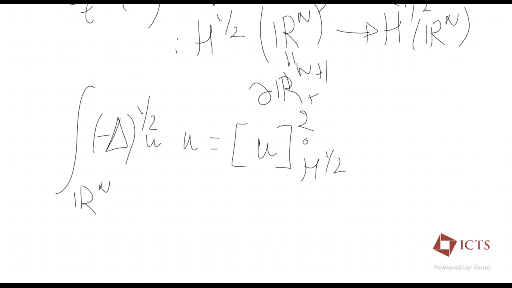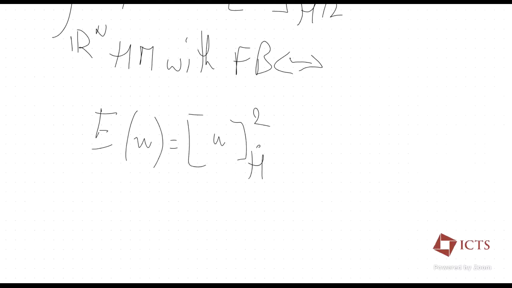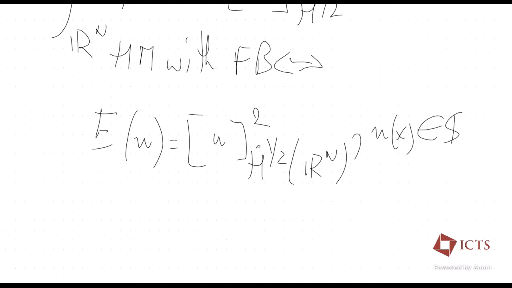Actually, what I showed is that harmonic maps with free boundary appear as harmonic extensions of half harmonic maps, which are just the maps obtained by taking as an energy the Gagliardo semi-norm, with the target being S^(k-1), almost everywhere in x.